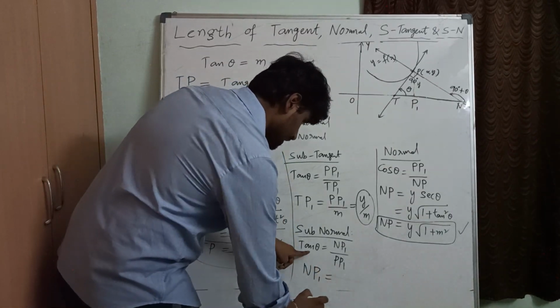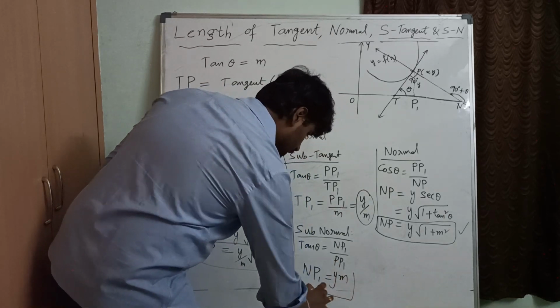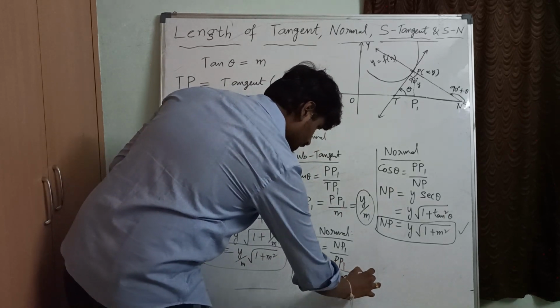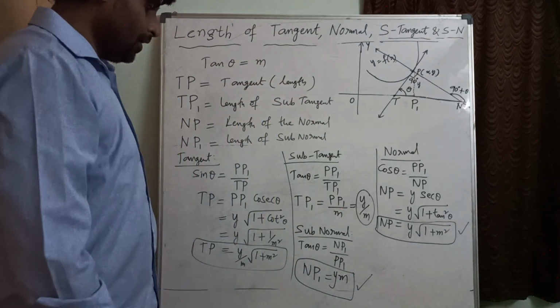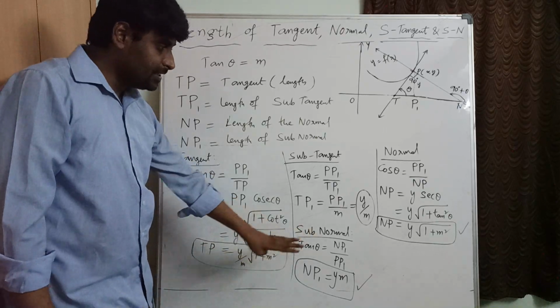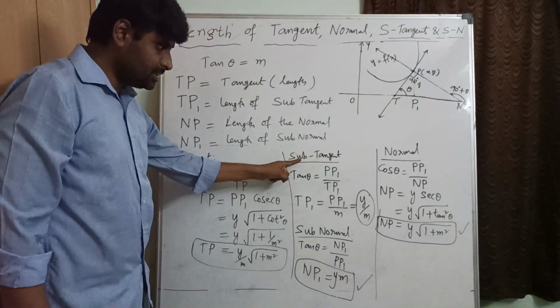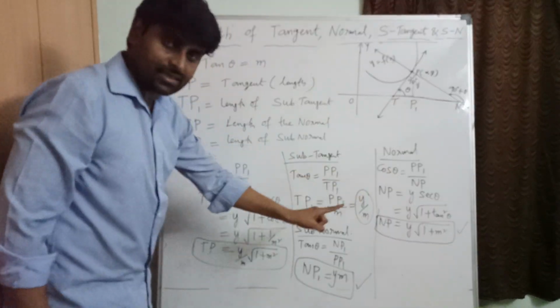Tan theta is m and PP1 is y. So the formula for length of subnormal is my, or ym. Clear? These are the formulas for length of tangent, subtangent, normal and subnormal.